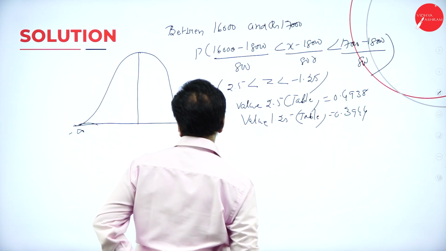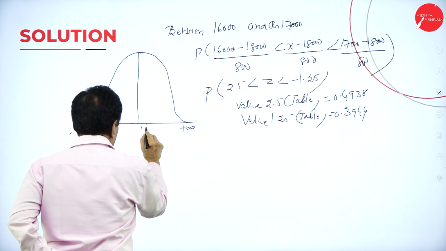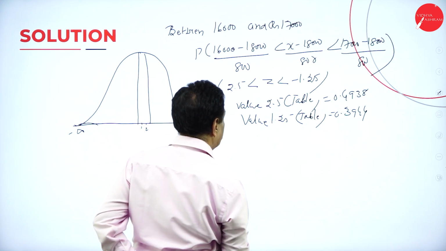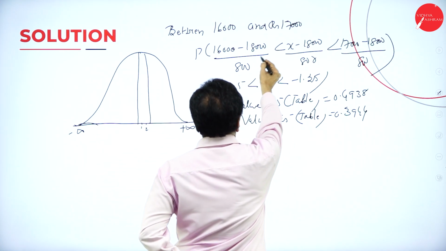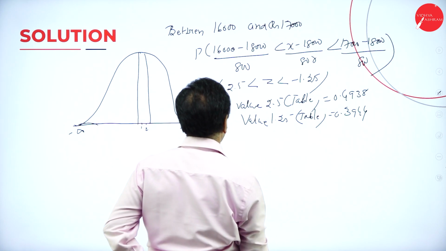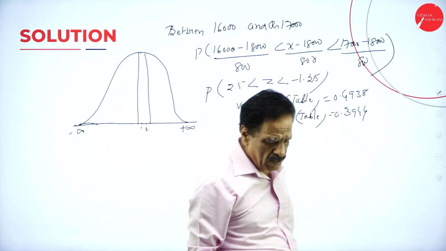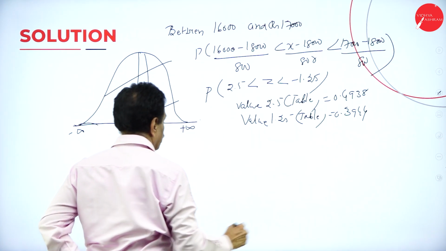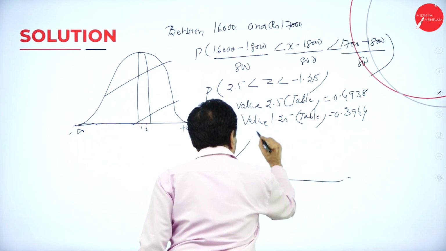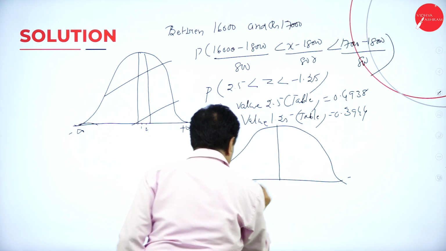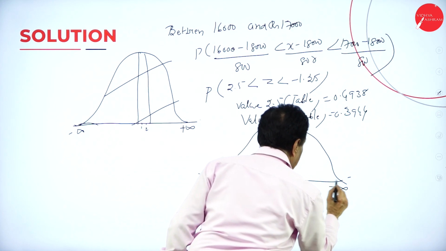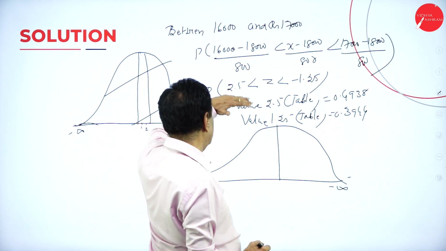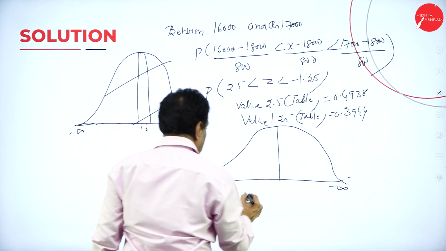What is the first value? 2.5. 16,000 is here and 18,000 is here. 16,000 minus 18,000, which is 2,000, means minus 2.5.